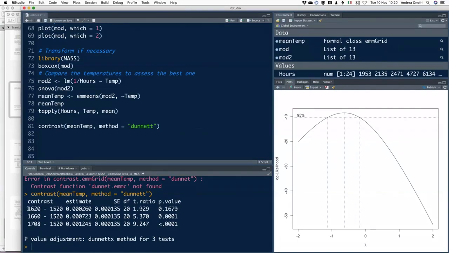We conclude that the best temperature is the lowest one, but the second one, 1620, is not significantly worse than the first one. So this is our conclusion here. And we have a way to decide. And that's it.